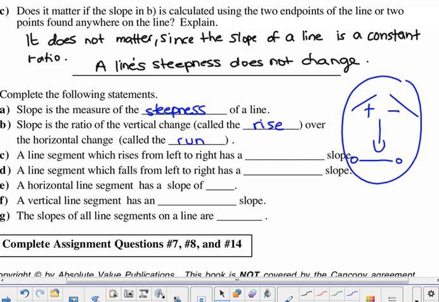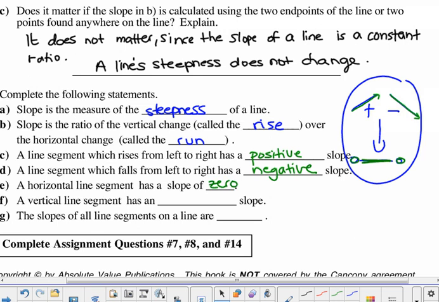A line segment which rises from left to right, so rises to the right, it's positive slope. And if it falls to the right, then it's negative. A horizontal line segment has a slope of 0.